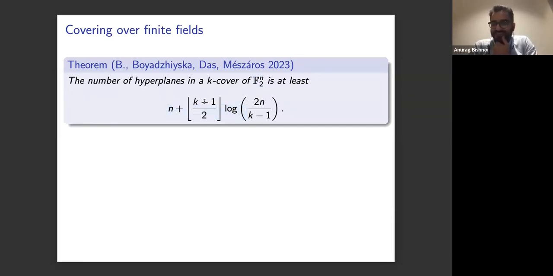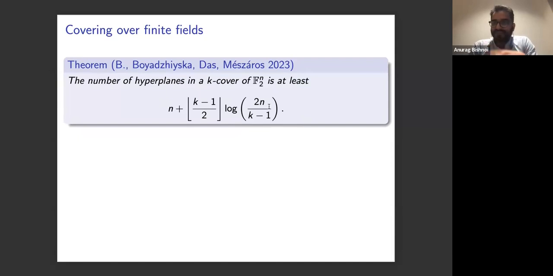So say k is equal to 3. In this case, when k is 3, this number is just 1. And then you have a log factor. You have n plus log n, with some constants lying around. So even for k equal to 3, it's not n plus a constant, it's n plus something that grows with n as well.